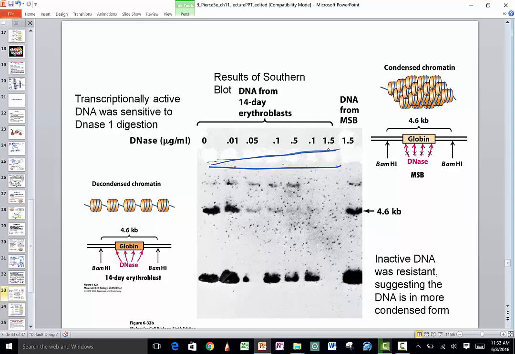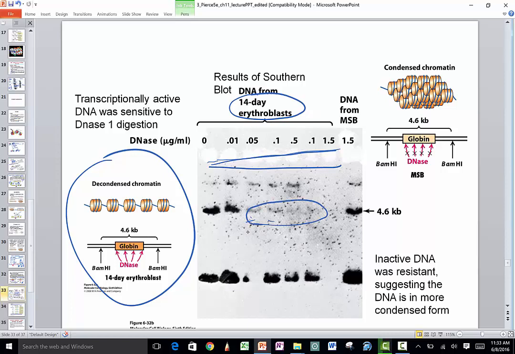So we've isolated DNA, treated with more and more DNase. That's what's going on over here in these 14-day erythroblasts. As we add more DNase, we start to get rid of the DNA. See this, where the DNA is going away? That means it's sensitive to DNase.